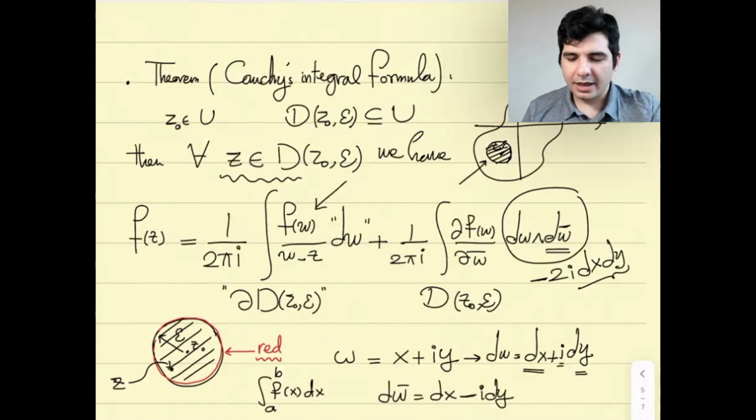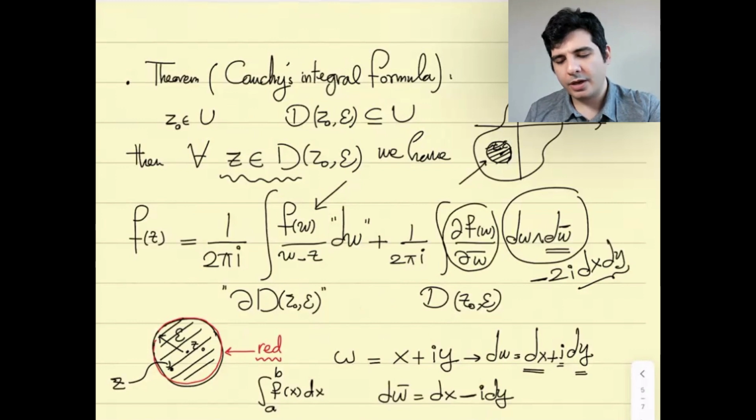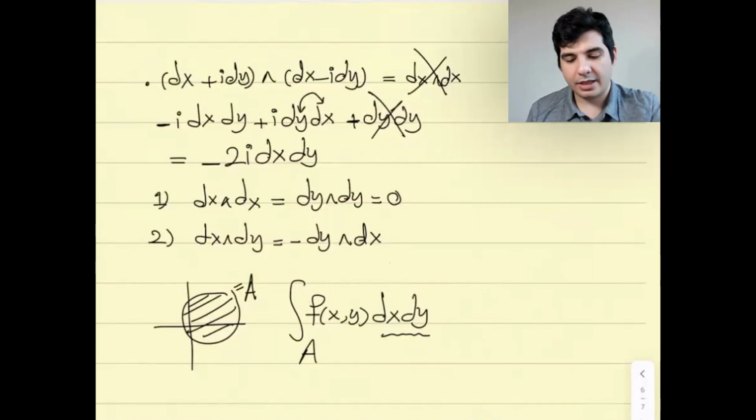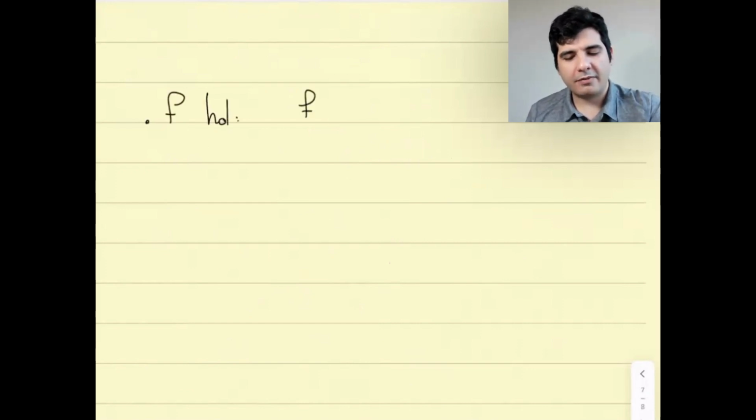Okay, and the other thing is that here we have the derivative of f with respect to w bar. This is just notation. If f is holomorphic, if we have f of z, its derivative with respect to z bar would be 0. We just changed the notation.